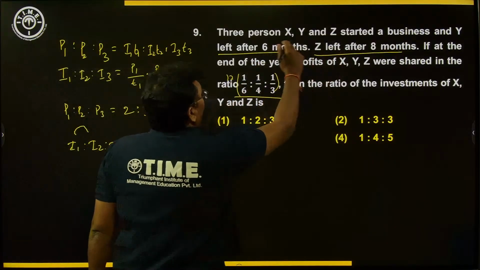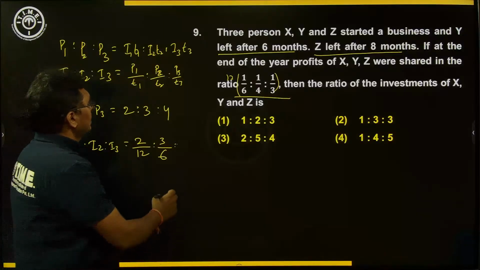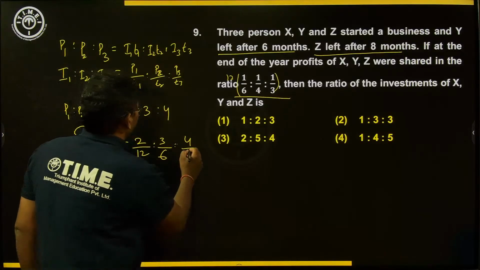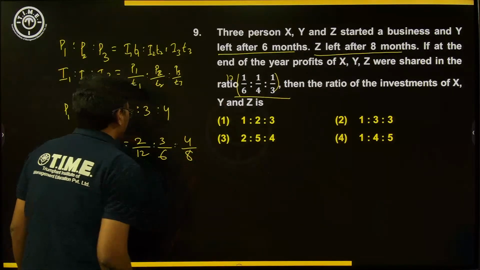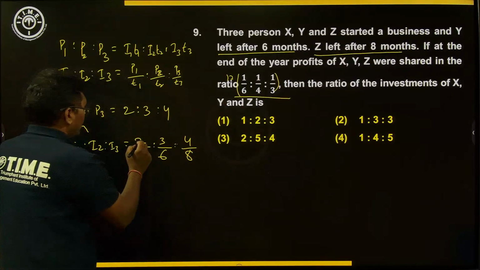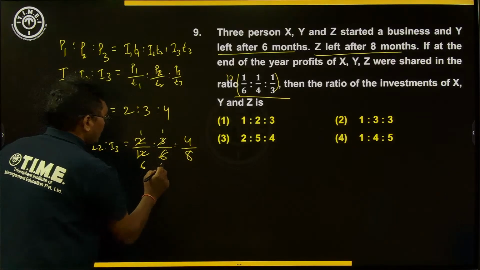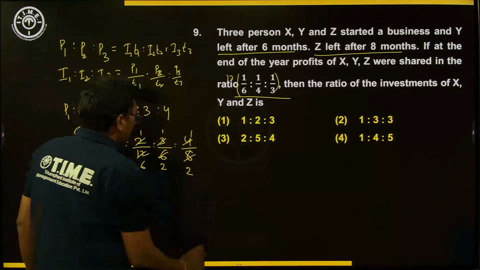Y was there for 6 months, so 3 by 6, is to, next Z 4, so 4 by 8, right? If you simplify this, this is 1 time, this is 2 times.